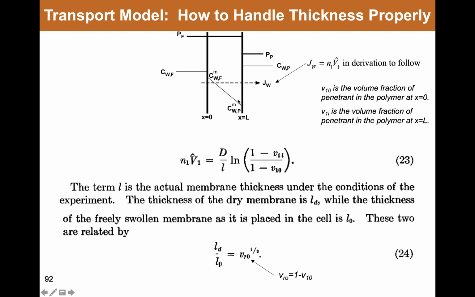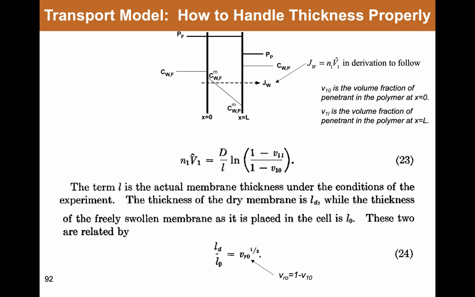It turns out that there's a relationship between the dry membrane thickness, which can be measured before you contact the membrane with any solvent or water, and the thickness of a membrane that's been swollen at ambient conditions in a solvent or in water.